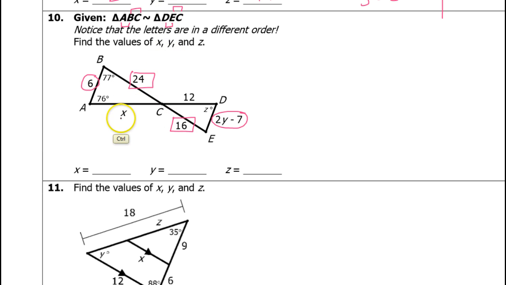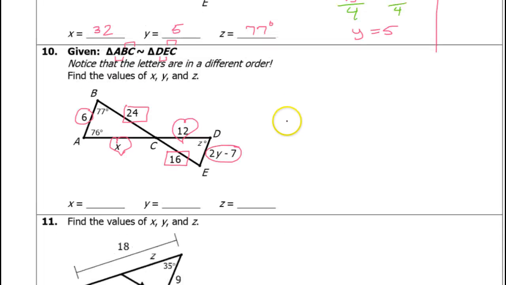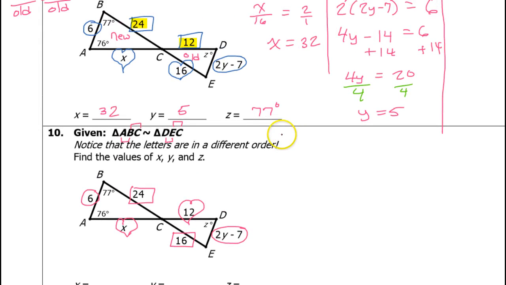And that leaves AC to correspond with CD. Notice, it's the same exact picture, but I'm going to get different answers. That just goes to emphasize that you have to use the similarity statement.